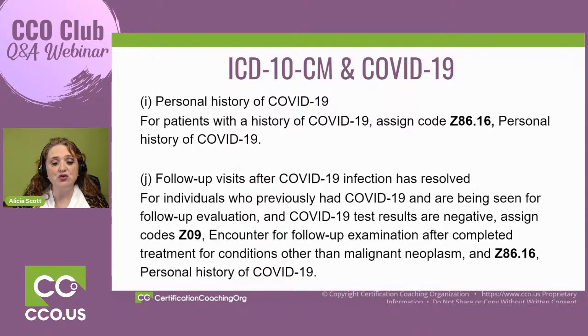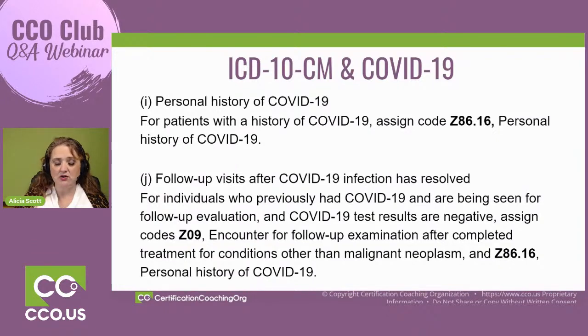Now, if you have follow-up visits afterwards, so the patient had COVID, they're doing good, but the doctor wants them to come back so that they could still check on them, then you're going to use a Z09 code. And then you would code the personal history, the Z86.16.